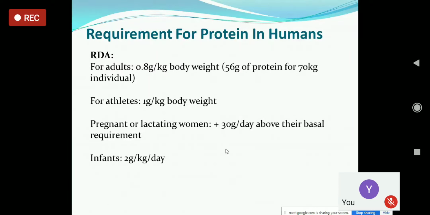But the amount of dietary protein required in the diet varies with its biologic value. The greater the proportion of animal protein included in the diet, the less protein is required because animal protein is better than plant protein.